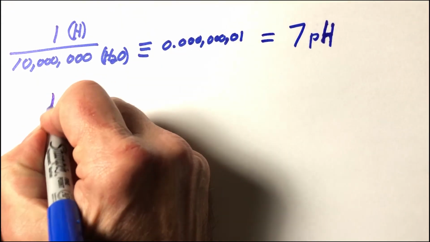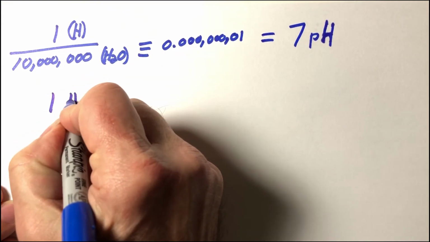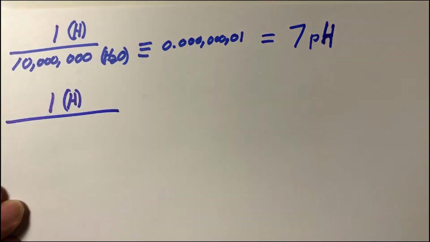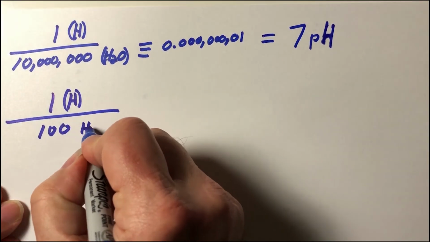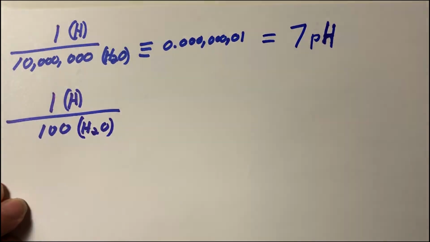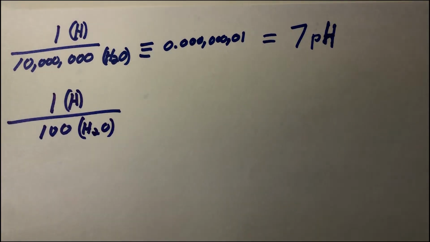Pure lemon juice has about 1 hydrogen, and this is also remarkable, for every 100 water molecules. Wow. So this is another problem with pH.